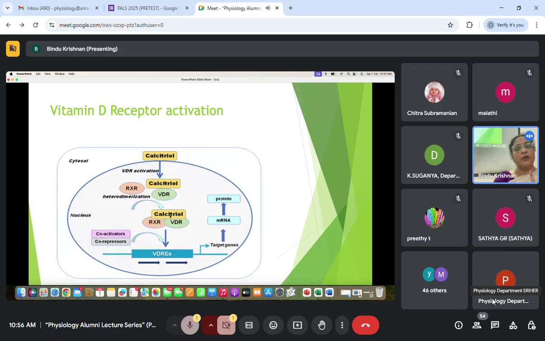This heterodimerization of vitamin D receptor with RXR, along with a lot of co-activators and co-repressors, causes the hormone responsive element to get activated in the DNA. The respective target genes are activated, and that leads on to transcription and formation of new proteins, whatever be the action of vitamin D in the target tissue, right? So remember, the receptor is in the nucleus.